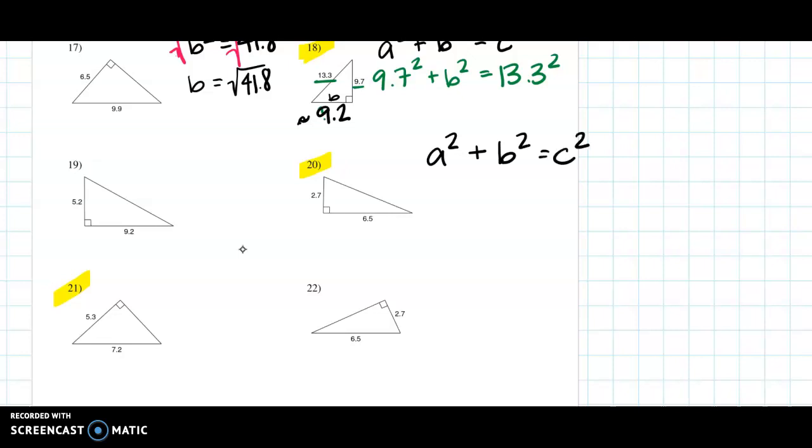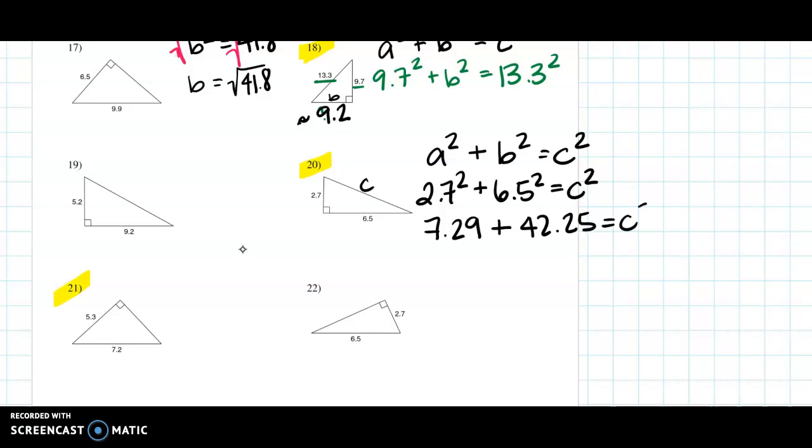Notice that the one we're missing is the longest side, so we're looking for C. 2.7 squared plus 6.5 squared is equal to C squared. 2.7 times 2.7 is 7.29. And 6.5 times 6.5 is 42.25. We add those together, and we get 49.54 is equal to C squared.